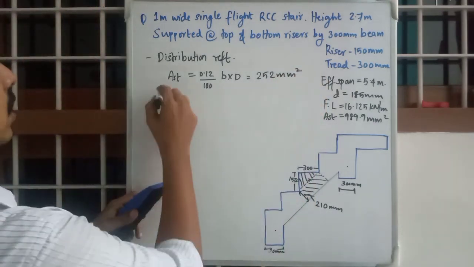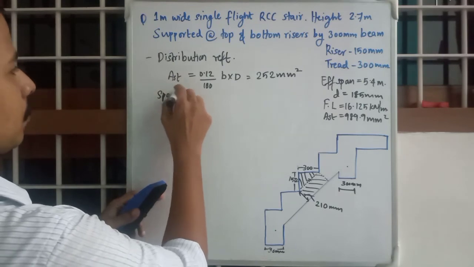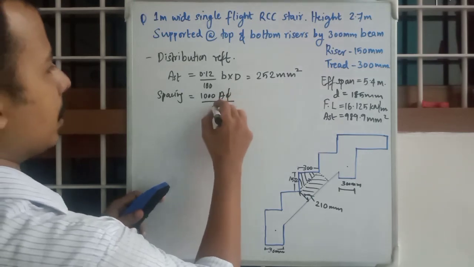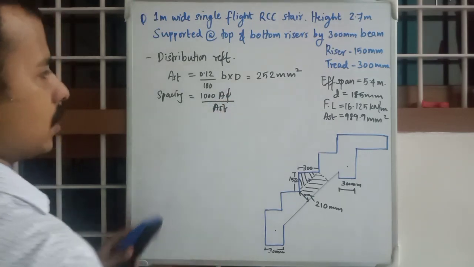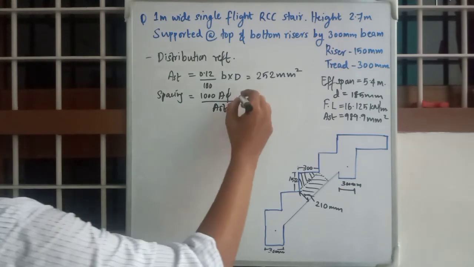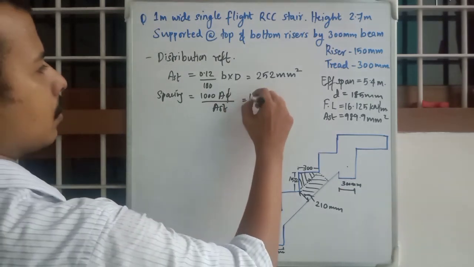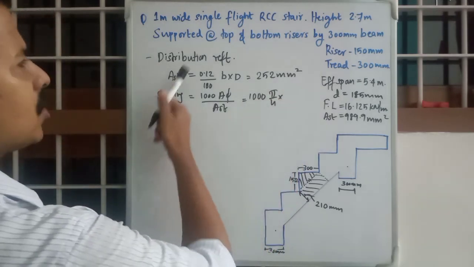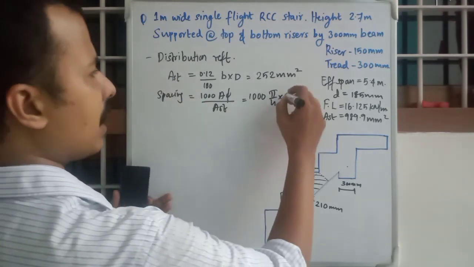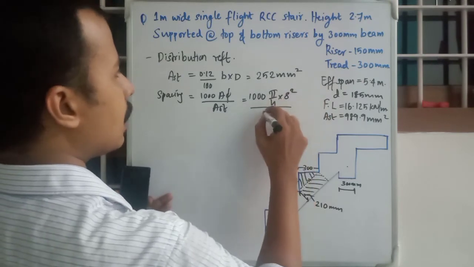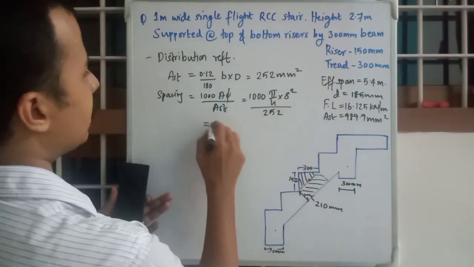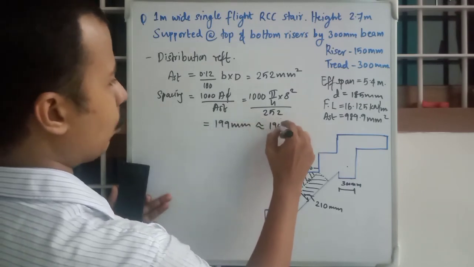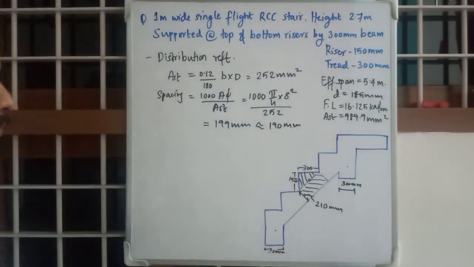And spacing will be equal to 1000 ast by Ast, that is 1000 pi by 4 into, as it is a distribution reinforcement, you will just assume 8 mm diameter, 8 square divided by 252. You will get 199 mm. We will approximate it as 190 mm spacing.